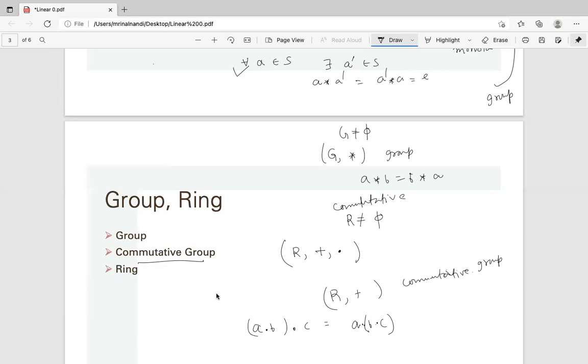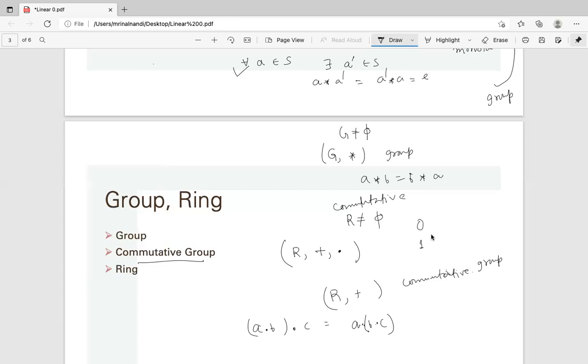Some authors include 1 in the ring, but some authors take that 1 is not in the ring. Some authors say a ring always has an identity, and some say it may not. If 1 is there, zero stands for the identity of the first operation and 1 stands for the identity of the second operation, called the additive identity and the multiplicative identity.